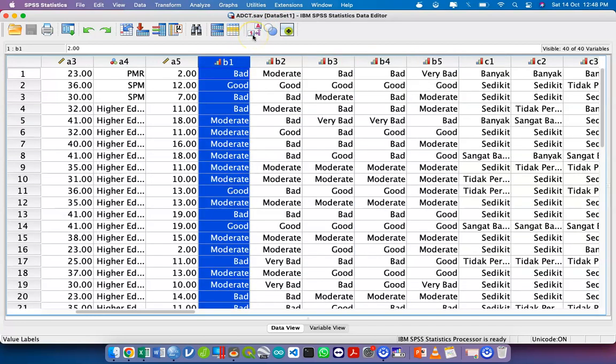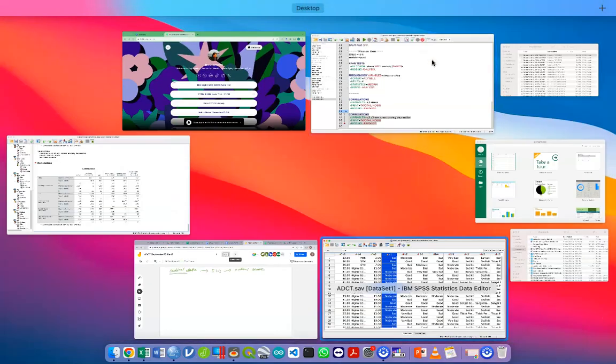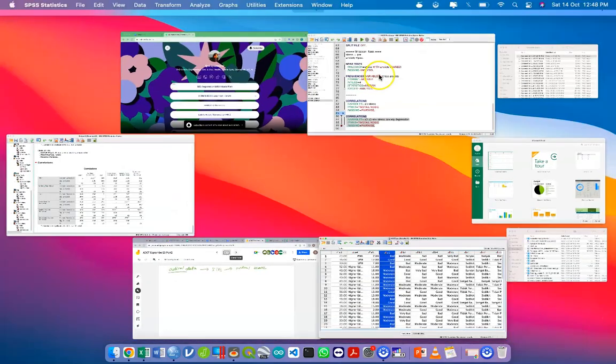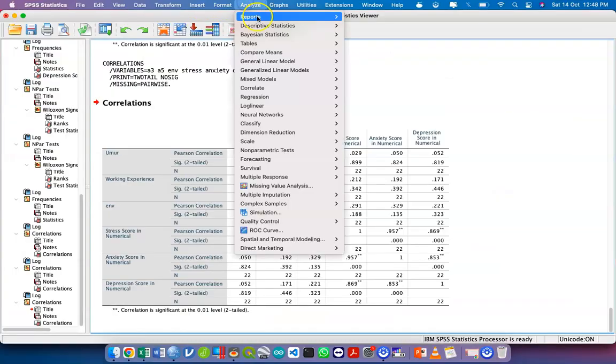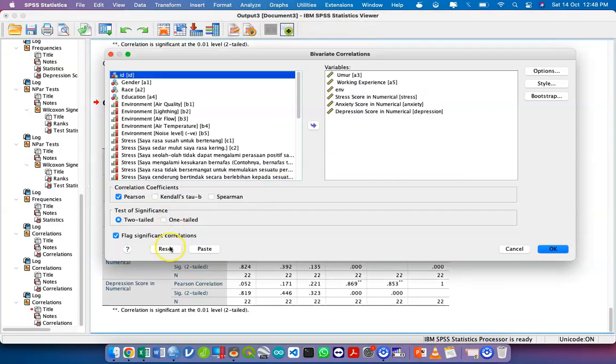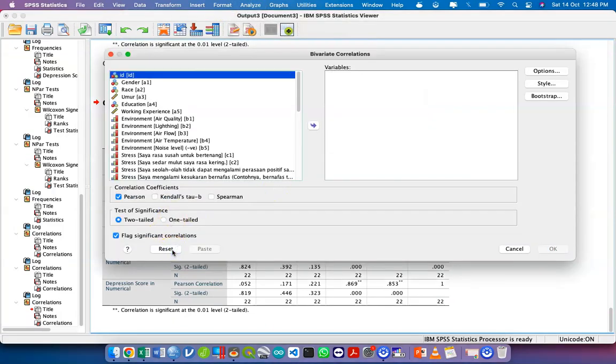Therefore, we can rerun the analysis based on the B1, B2, B3, B4, B5 with our DV. Okay, so macam mana nak buat tuan-tuan dan puan? Cara dia senang sahaja. Pergi kepada analyze, kita akan pergi kepada correlate, bivariate dan masukkanlah variable yang berkenaan. Tapi ingat, tak boleh pakai Pearson, hanya boleh pakai Spearman.